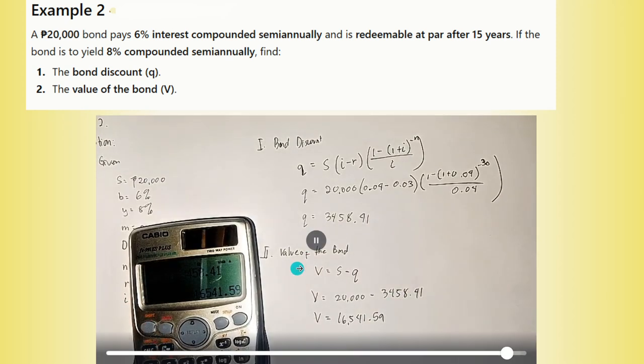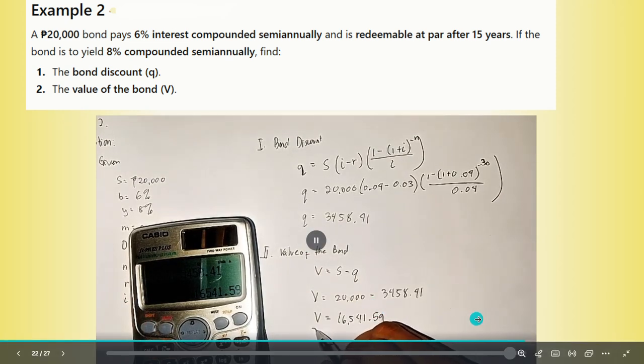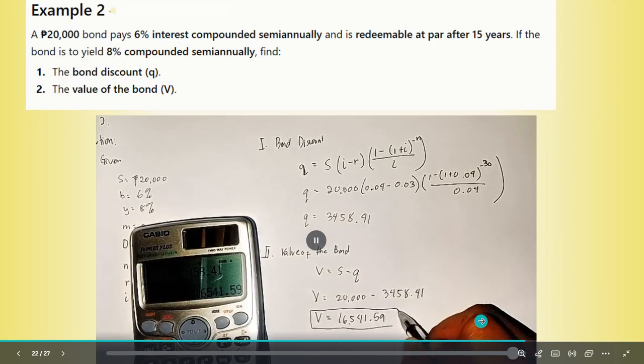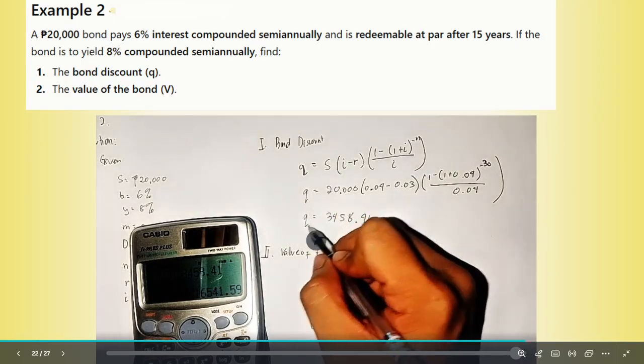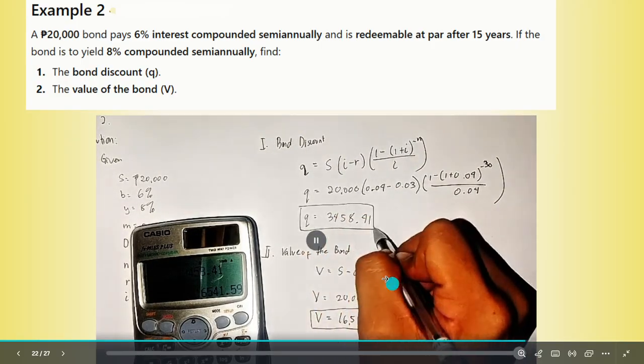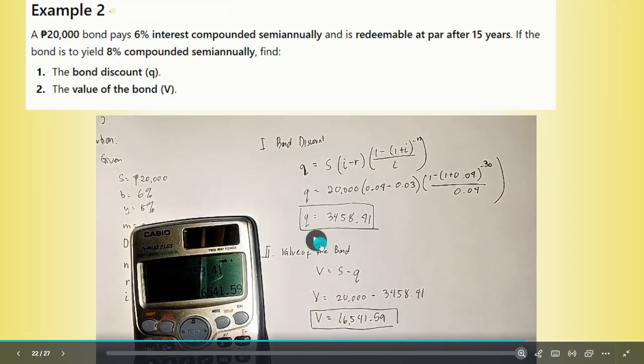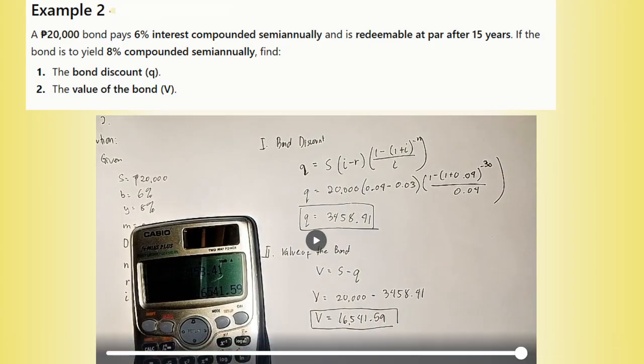This is the value of the bond, and this is the bond discount. Now, that is how we find the bond premium and bond discount, and also the value of the bond.